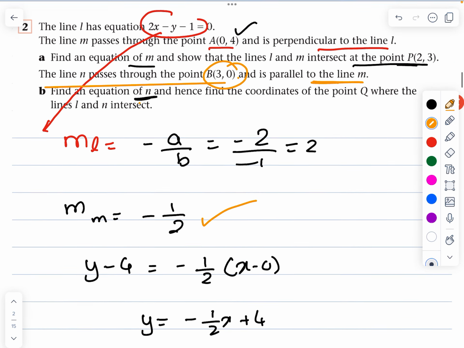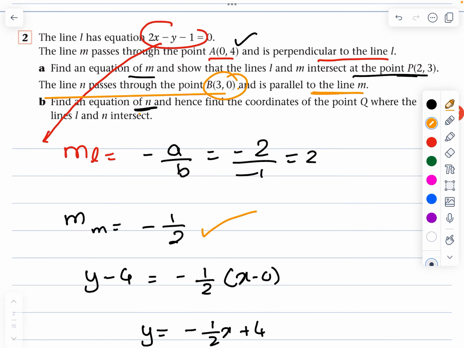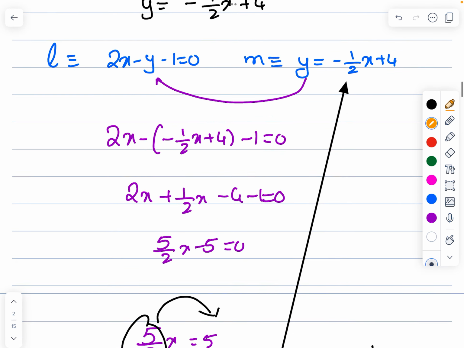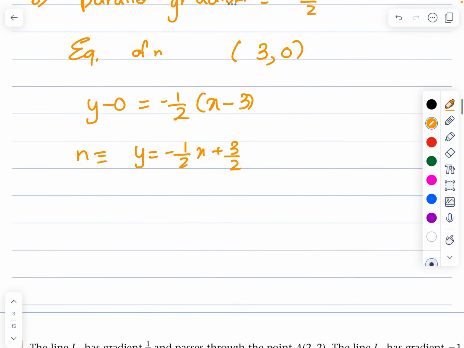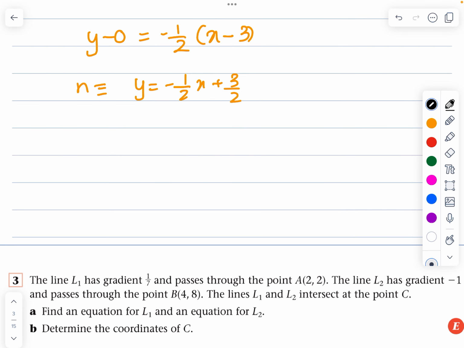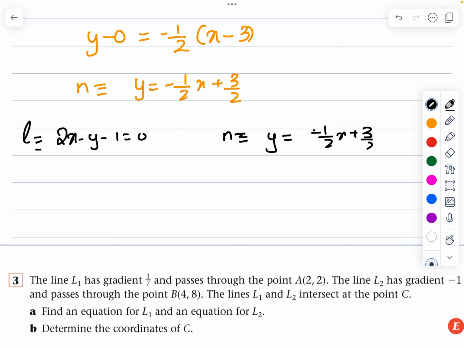Next, what else is being asked? Find the coordinates of Q where L and N intersect. So write down L. What was L? L was 2x minus y minus 1 equals 0, and N is y equals minus half x plus 3 upon 2. So plug in y over here.